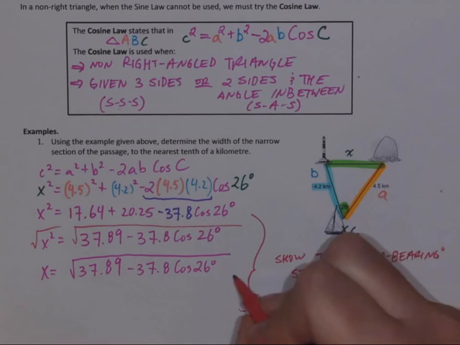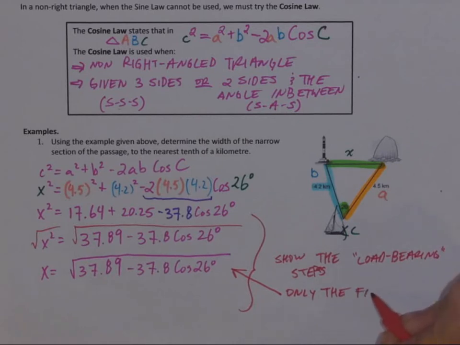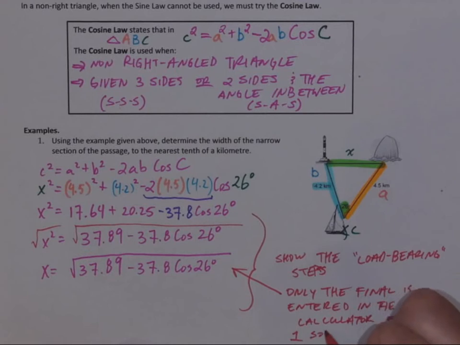And then only that final line is entered in the calculator, one final solution. And we're going to round accordingly here.